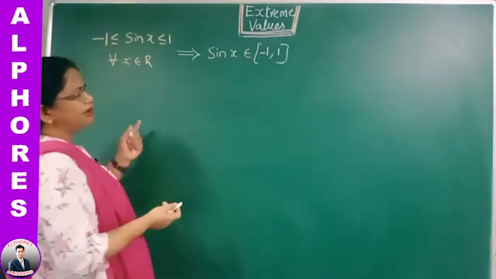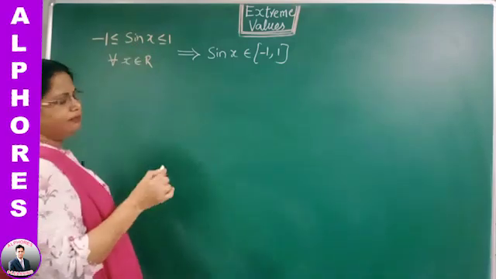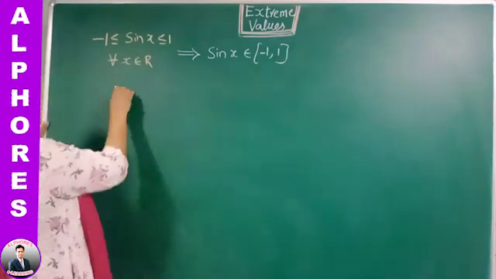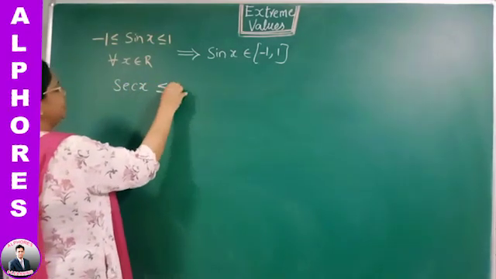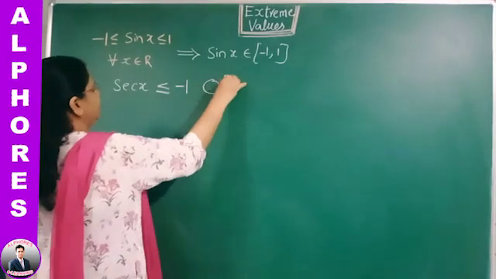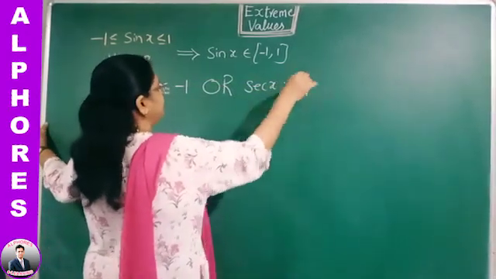In the same way cos x also we follow. Then what about secant? If I want to write it as an interval, secant x values are less than or equal to minus 1, or secant x values are greater than or equal to plus 1.